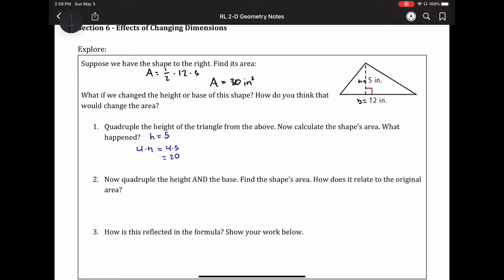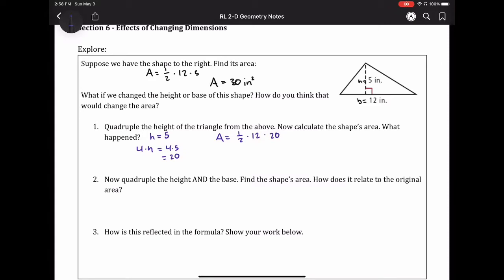So now I have area is equal to 1/2 times my base, which is 12. And remember, we just were quadrupling. So technically I have 4 times the height in the formula, but we already simplified that to 20. By the commutative property, I can switch around the multiplication.